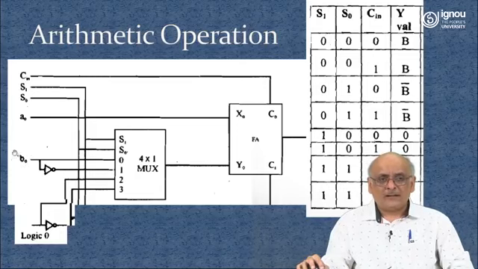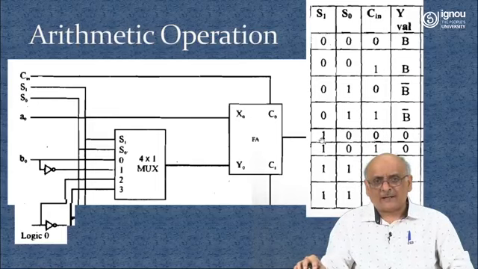The input is going to be the first bit of input B, while A is always there with X. So if I have S1 as 0 and S0 as 0, there are two entries over here because C in can be 0 or 1, but we will consider it as only one entry.